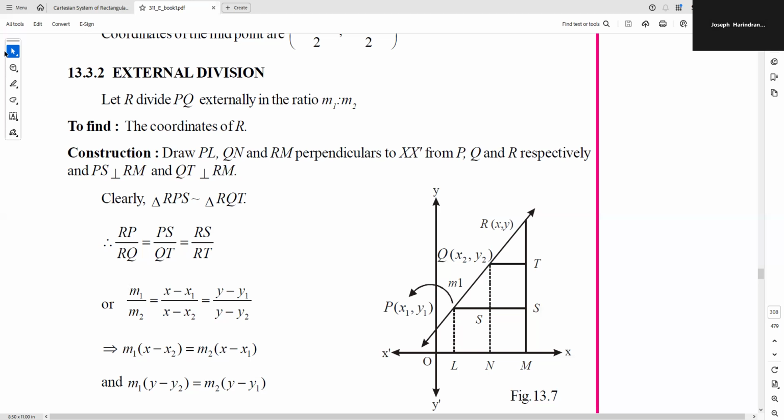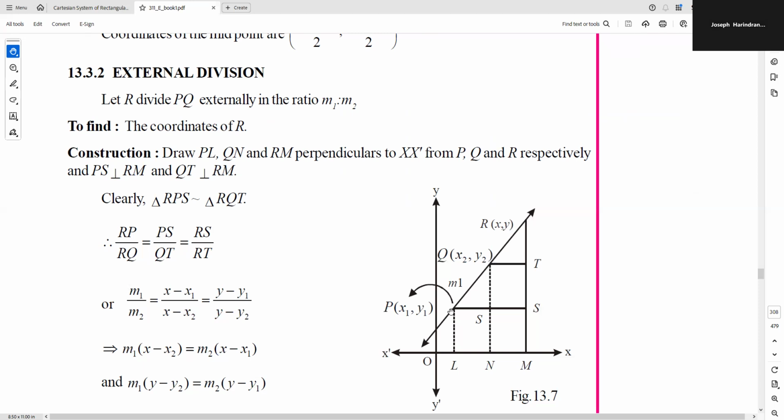I will just show you this to be clear about this. Here we see this figure. Here's the point P, x1, y1, and Q is x2, y2, whereas R is outside the line joining the 2 points. It lies outside the line joining P and Q. Let us assume that R has the coordinates x, y.